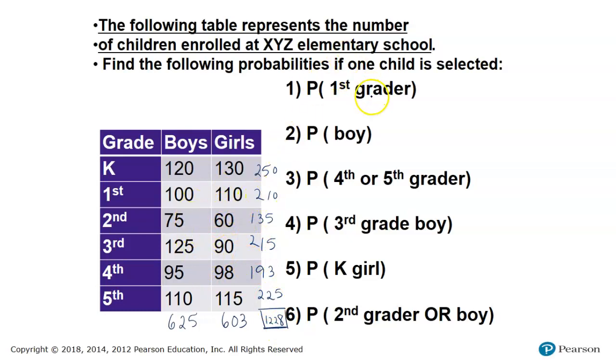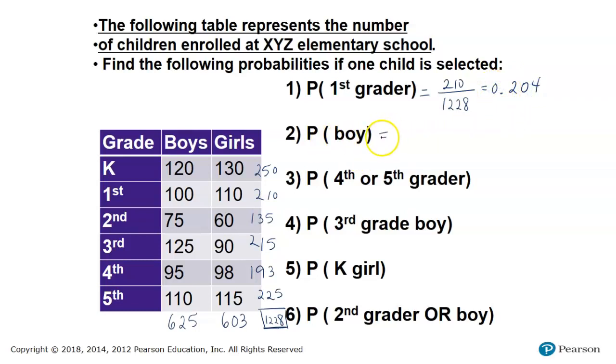So when I go to do these probabilities, I have all the information that I need to set this up. The first one I need to find is the probability of a first grader. So I have 210 first graders, and that's out of a total of 1228. Remember we want to give our decimals to 3 significant digits. So on that one, it's going to be 0.204.